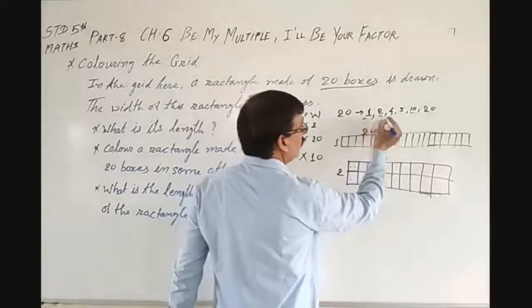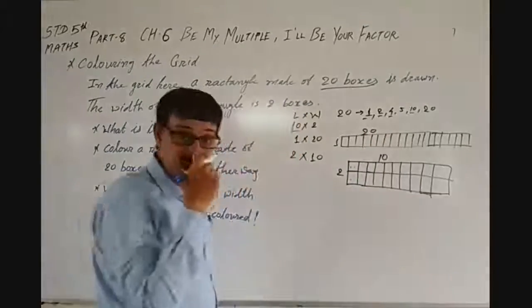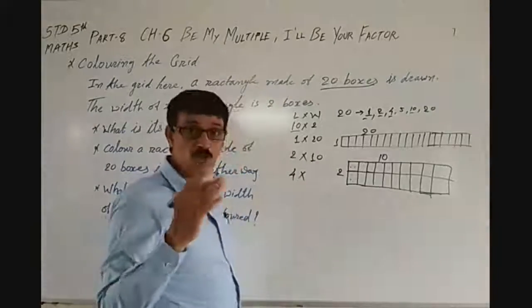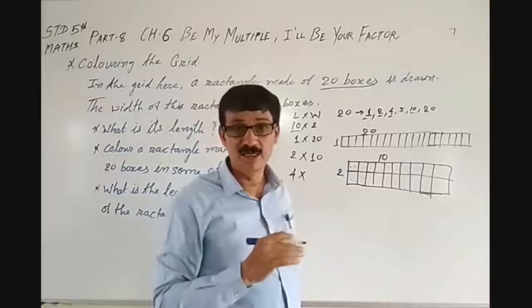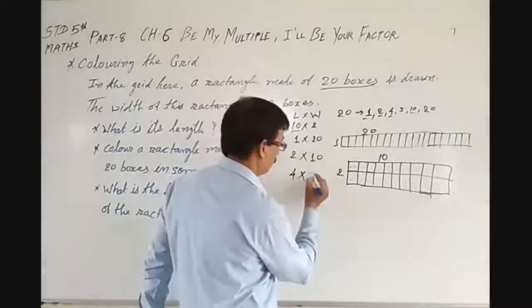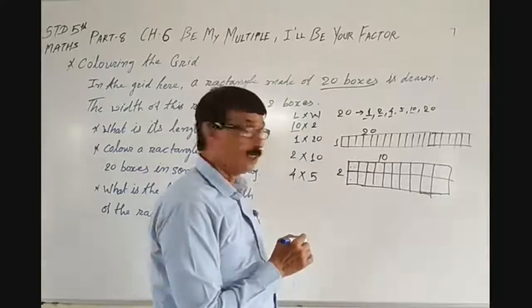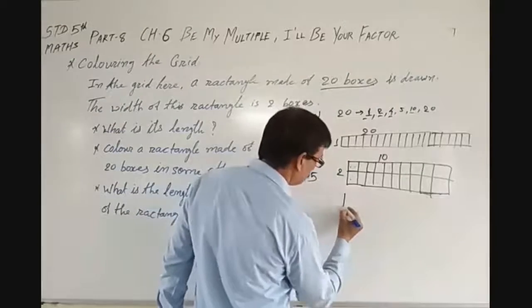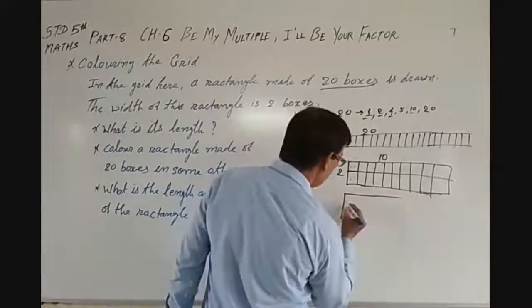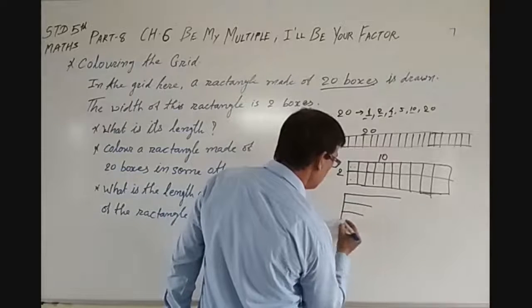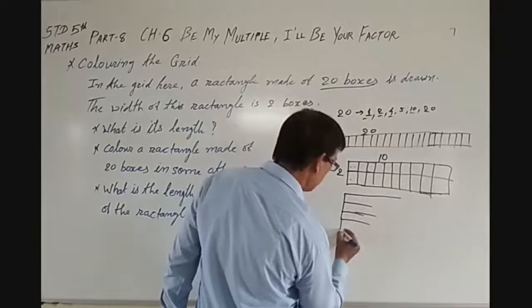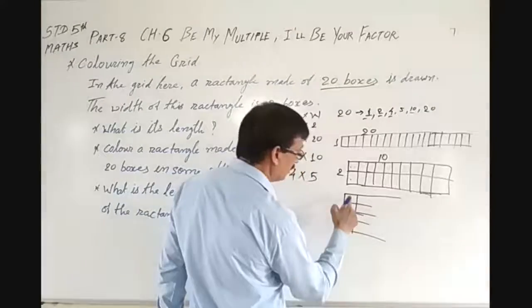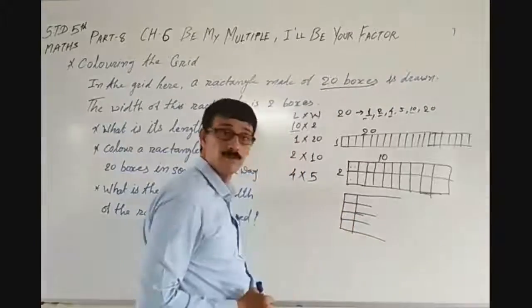Now if the length is 4, then what should be the width? 4 5s are 20, isn't it? So let's go for length 4. 1, 2, 3, 4. Can you see 1, 2, 3, 4?